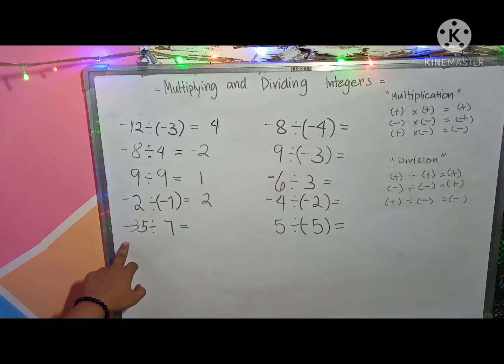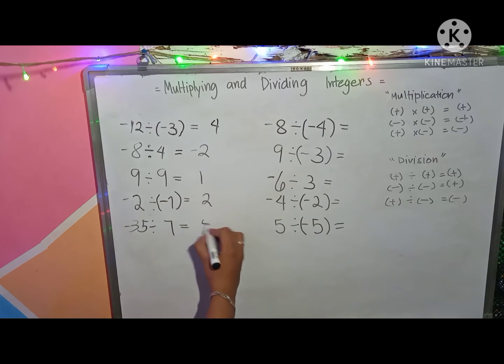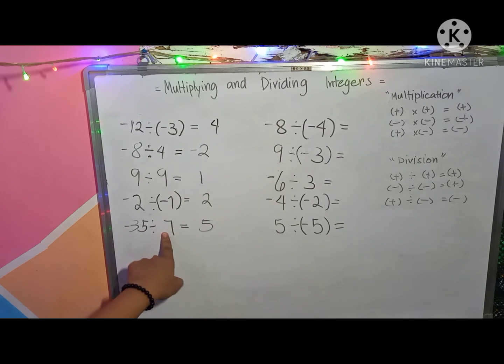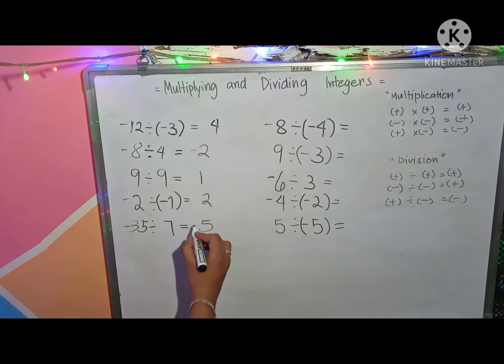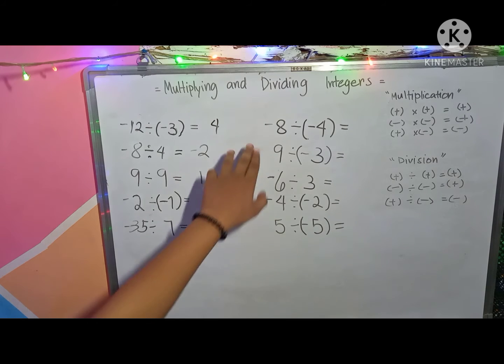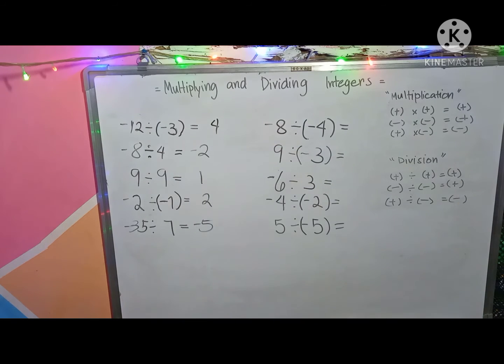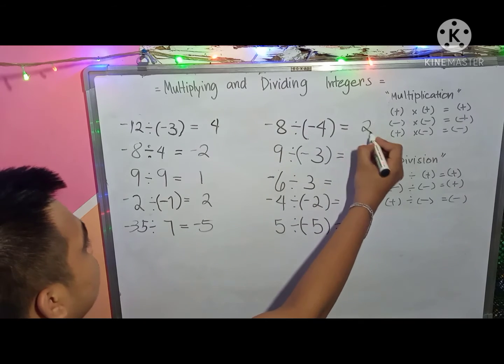Next, negative 35 divided by 7. 35 divided by 7 is equal to 5. One is negative and the other one is positive. Unlike signs will give us negative quotient. So ang answer, negative 5. Next, negative 8 divided by negative 4. 8 divided by 4 is equal to 2.